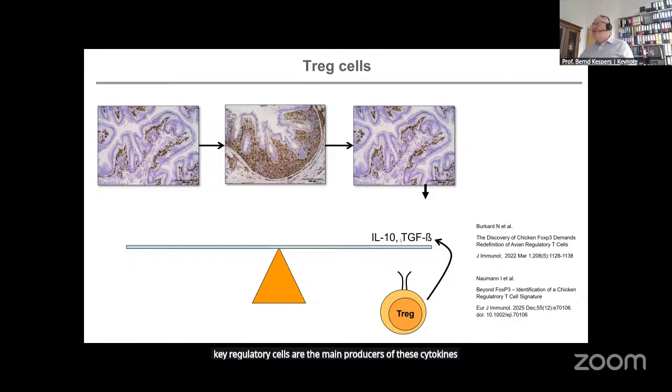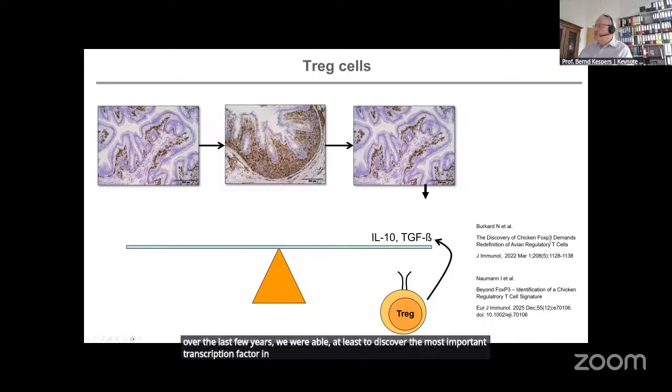And as you can see here, T regulatory cells are the main producers of these cytokines. Well, these cells are not well understood in chickens, but over the last few years, we were able at least to discover the most important transcription factor in these cells, which is called FOXP3.